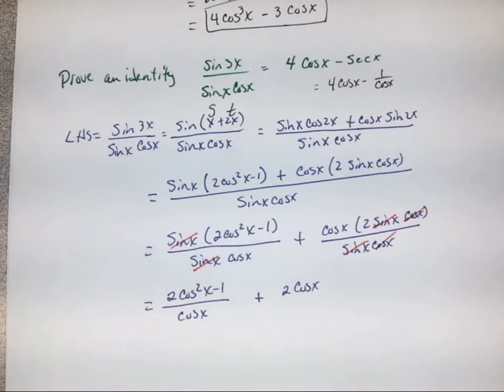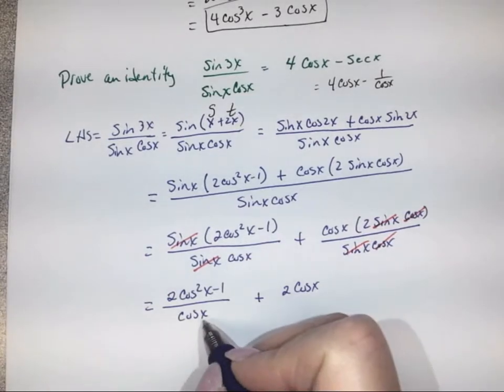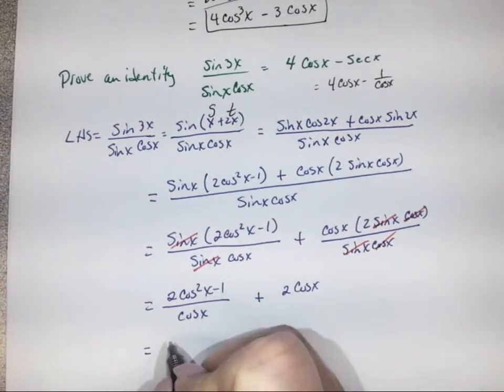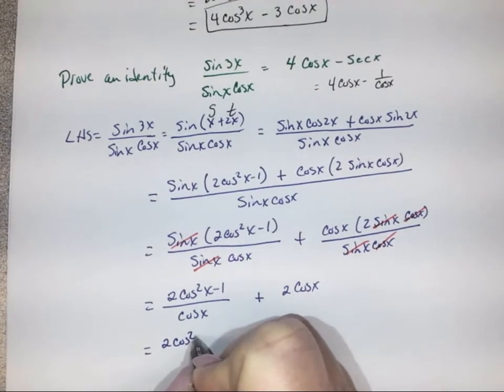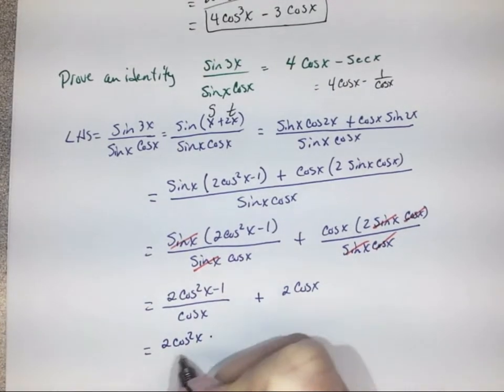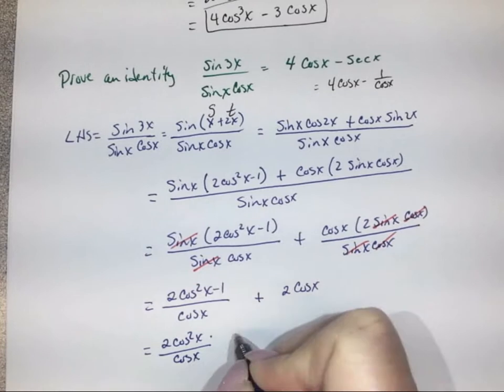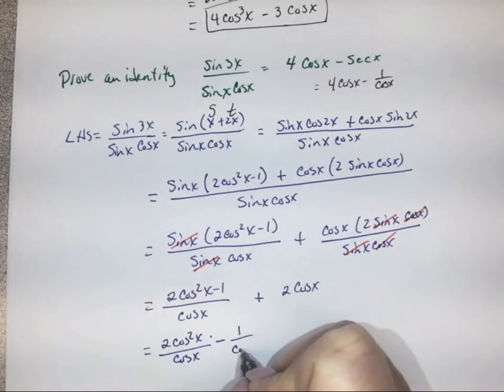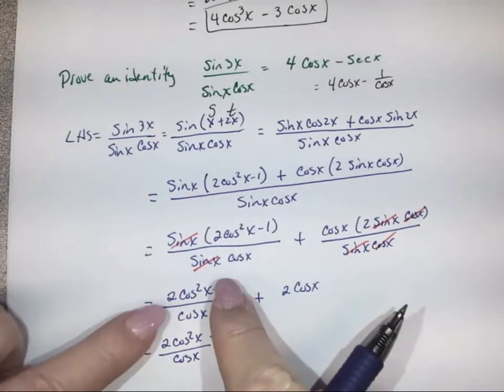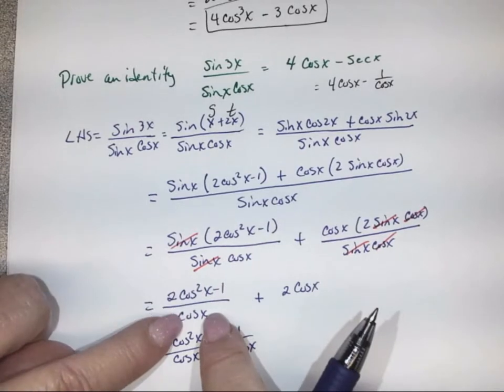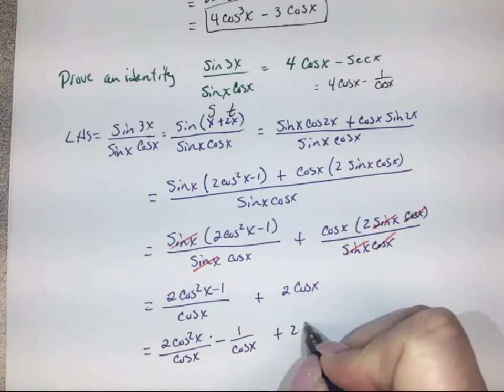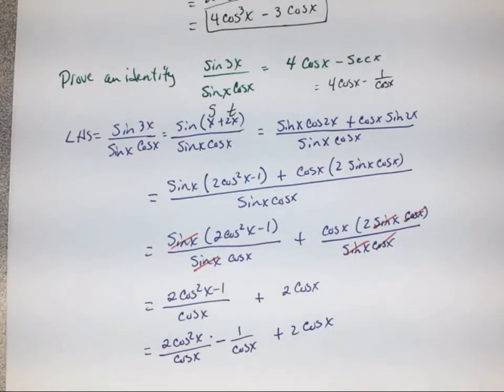Well, let's split this fraction here. So now we have 2 cosine squared x over cosine x minus 1 over cosine x, because I just split this fraction here, and then plus 2 times cosine x.